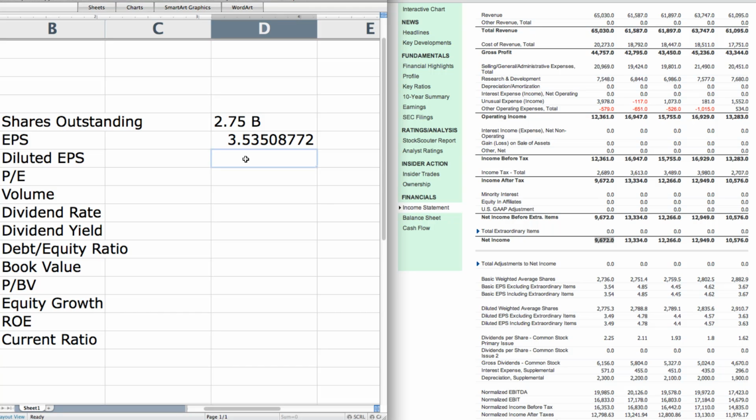Imagine a company that has all these shares, and in order to keep their employees happy and working hard, a lot of companies provide their employees stock benefits.